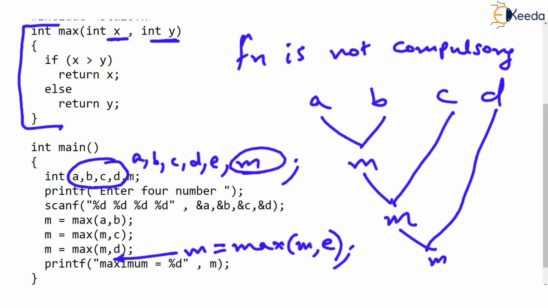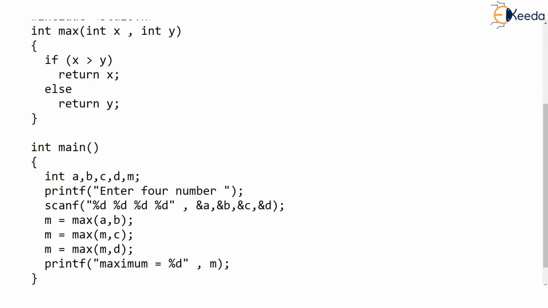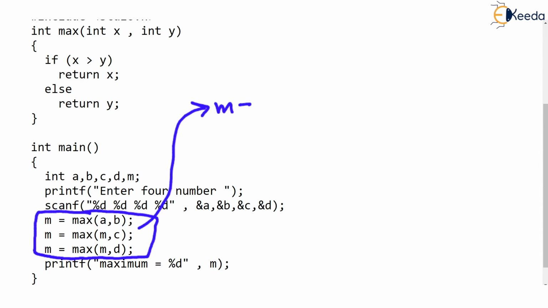Now, before I end the video, there is something over here. See that you have written this max call 3 times over here on 3 different lines. Can we write this in one line? Obviously, we can use something called nesting of functions. Check how. We will call max, and you remember you can pass only two values to max.